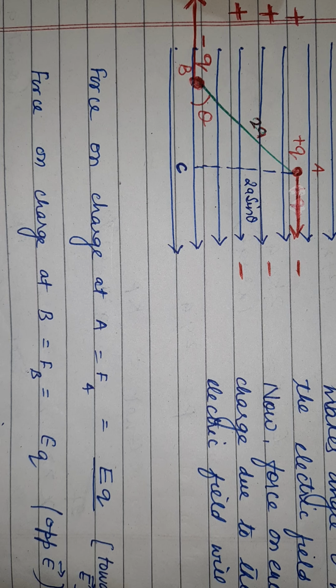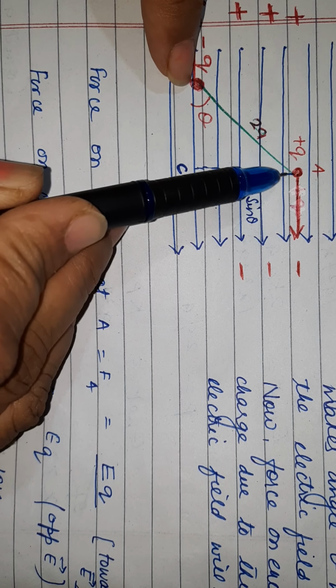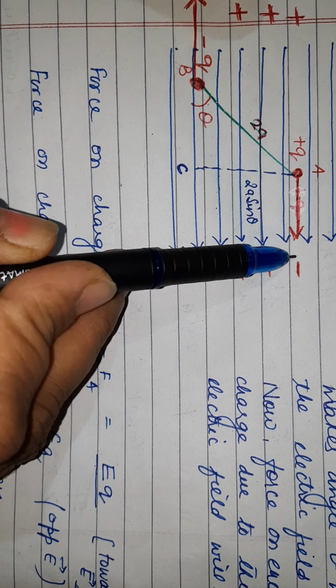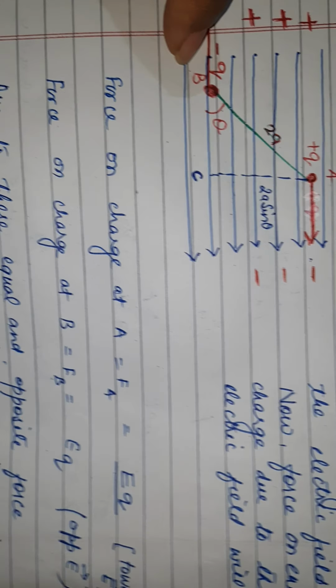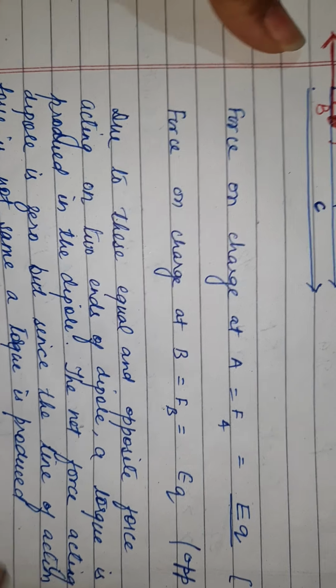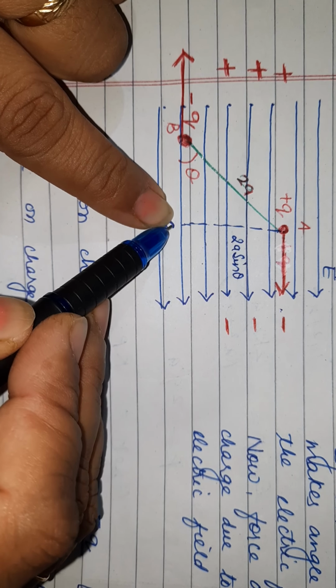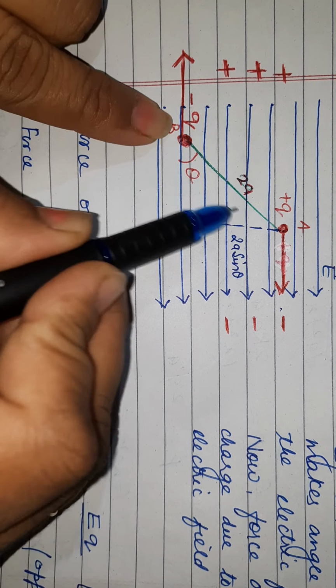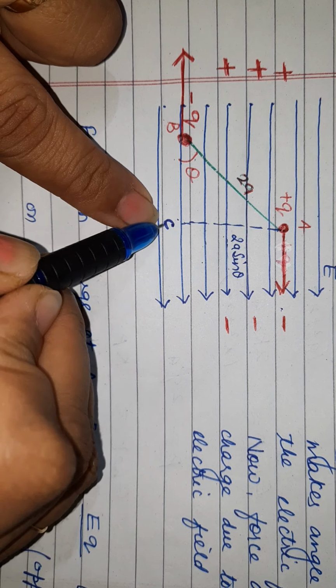So what is torque? Torque is force into the perpendicular distance. This is the first force, this is the second force, and equal forces are acting. So torque is equal to F into displacement. What is the displacement actually? Displacement is the distance. If this is angle theta, then what will be the value of this displacement AC?